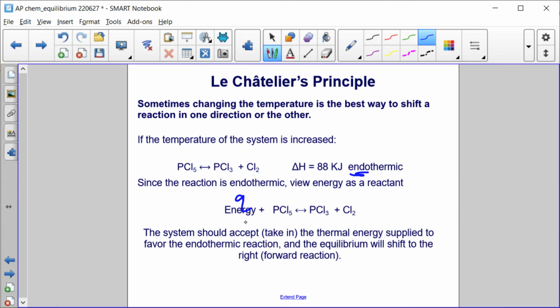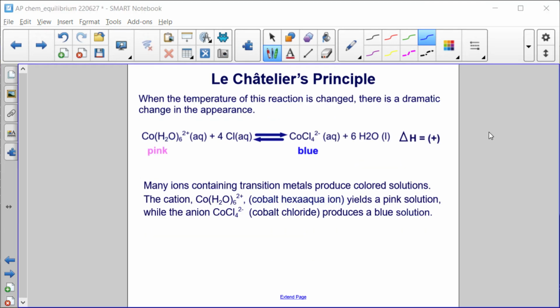The system should accept or take in the thermal energy supplied to favor the endothermic reaction, and the equilibrium will shift to the right toward the forward reaction. Okay? So if we increase the temperature, if we add energy here in the form of heat, then the equilibrium will shift toward the right, or in the forward direction, toward the production of those products.